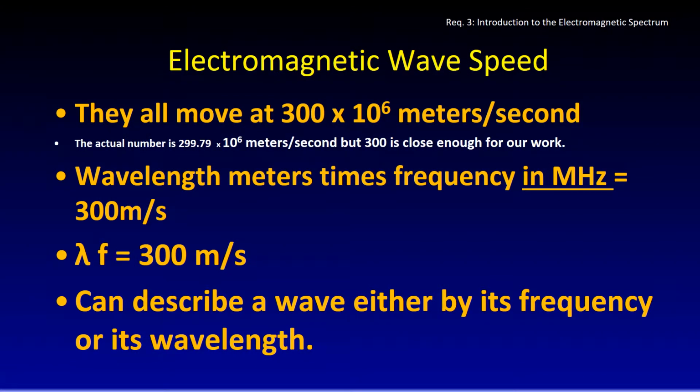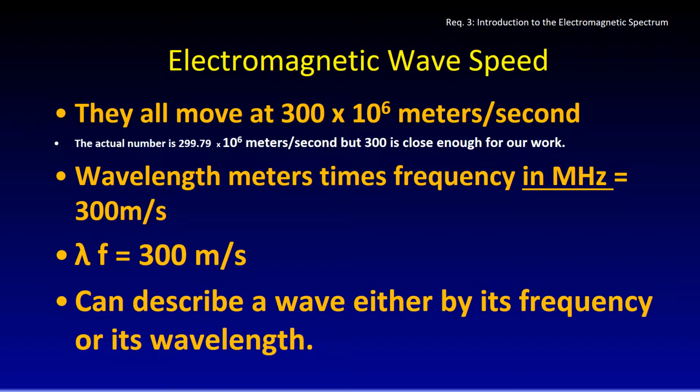Now here's an interesting fact about electromagnetic waves. They all travel at the same speed: 300 times 10 to the 6 meters per second. The actual number is 299.79 times 10 to the 6 meters per second, but 300 is close enough for our work. You may recognize this as the speed of light.